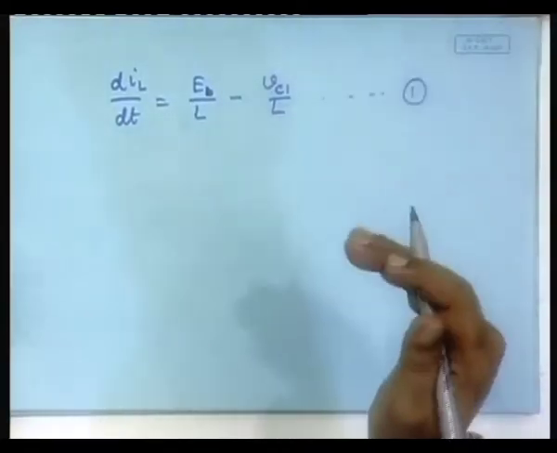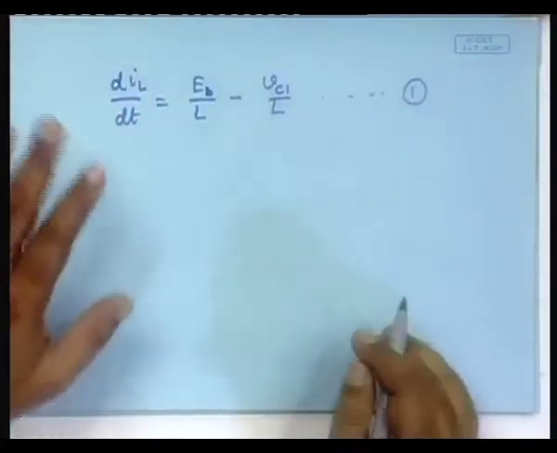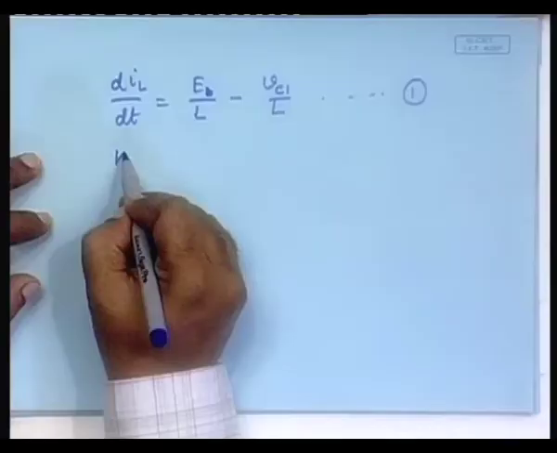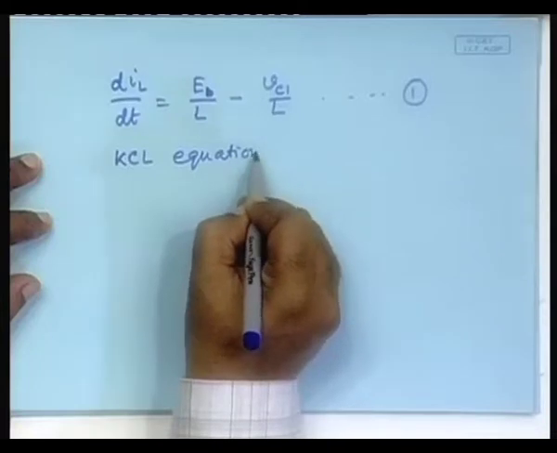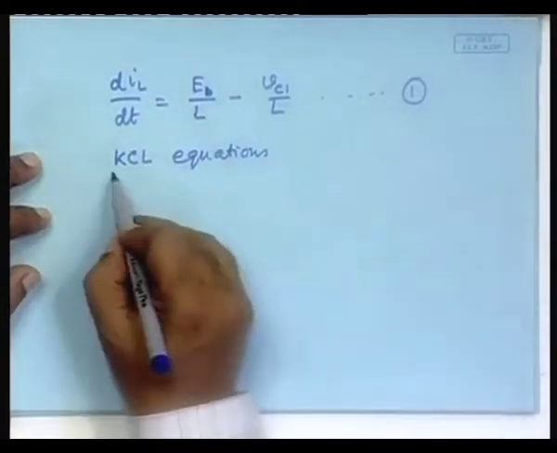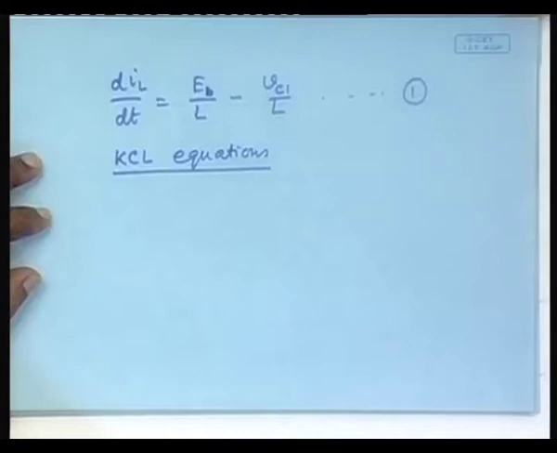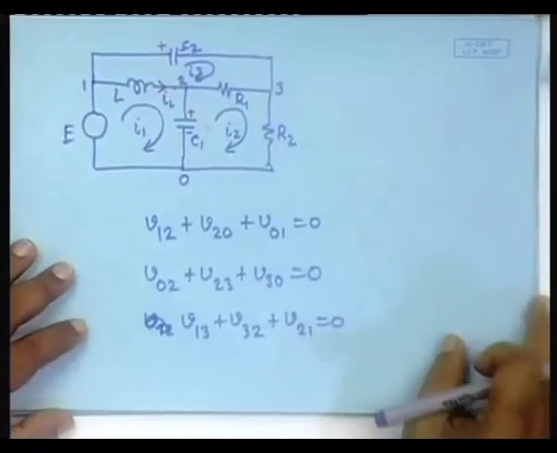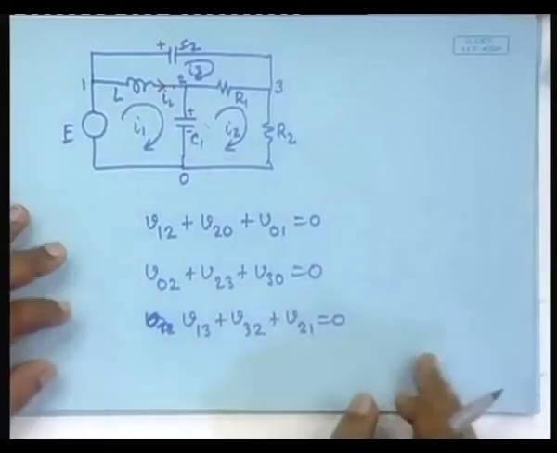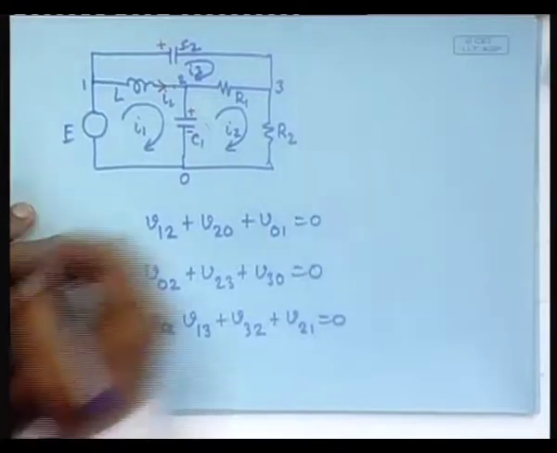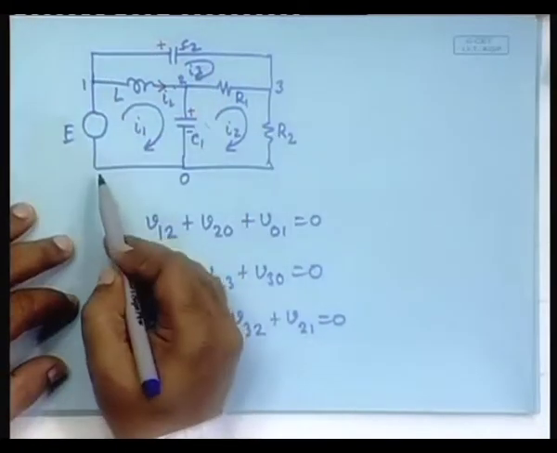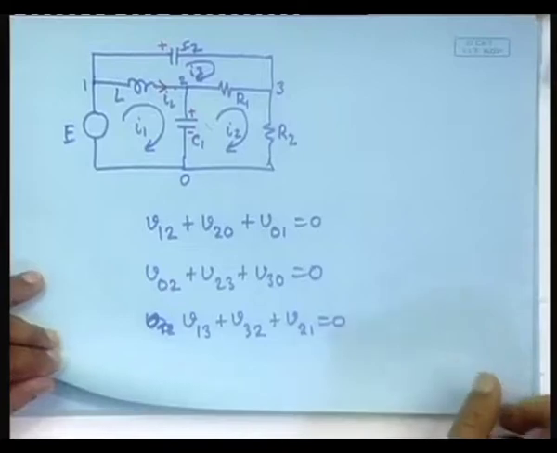Now, in order to proceed, we need to write the KCL equations. So, KCL equations are, IL here, this current here, this current here, fine, let us write it.